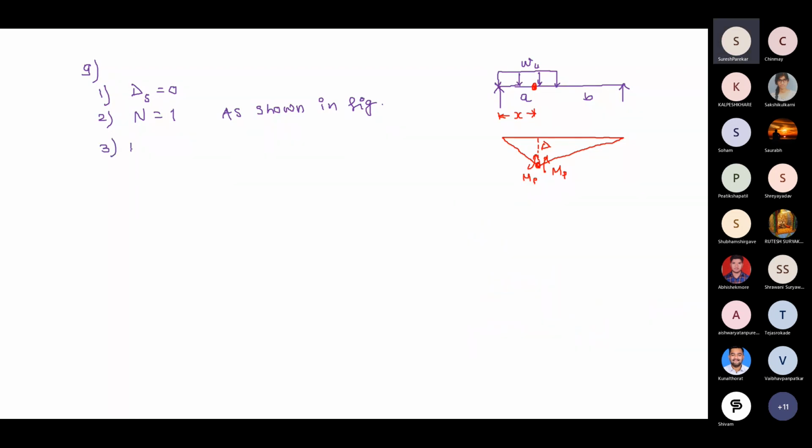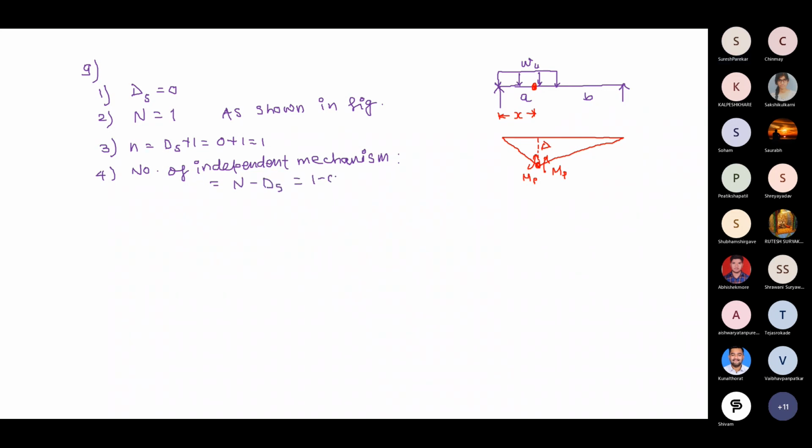So we have small n equals ds plus 1. We have the number of independent mechanisms, N minus ds. And then we have plastic moment.